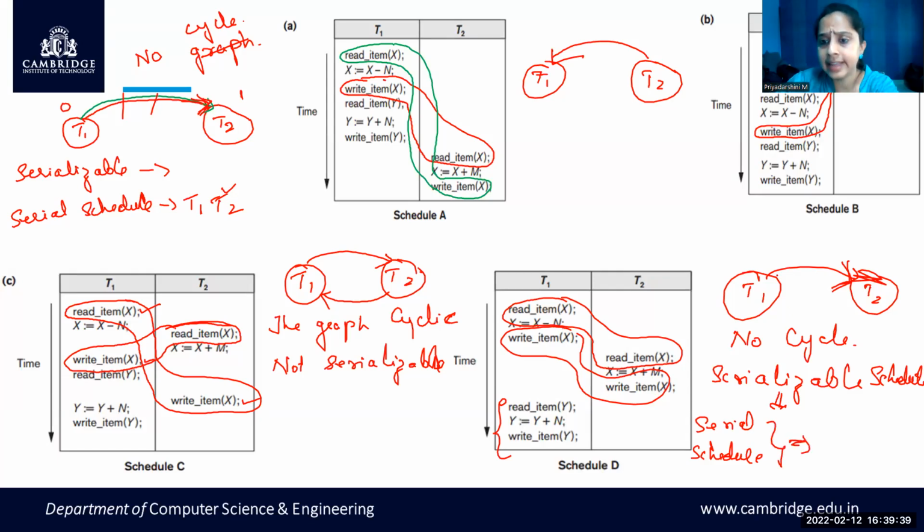What is the in-degree? Which node has 0? T1 has 0 in-degree. Cancel the outgoing edges. What is the next one? We have only T2. So I can have two orders, T1, T2 or T2, T1, but out of these two orders, which one's output matches schedule D? T1, T2.